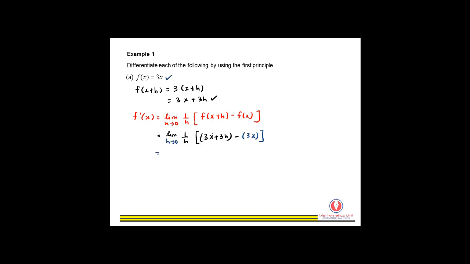Then we can simplify. 3x minus 3x is equal to 0. So limit 1 over h of 3h as h approaches 0. Now we can simplify h. So we'll get limit 3 as h approaches 0, which is equal to 3.